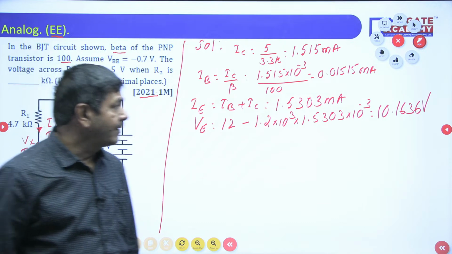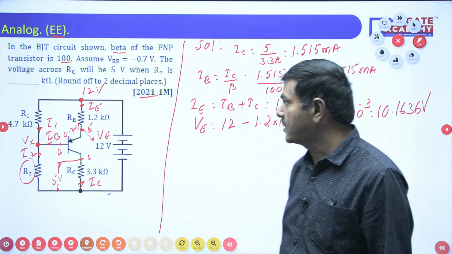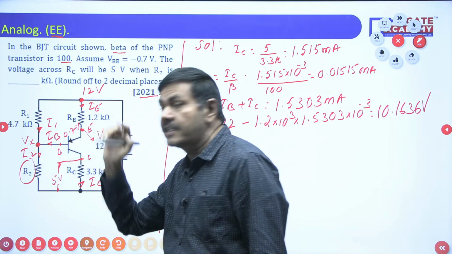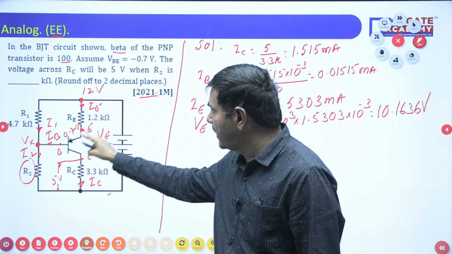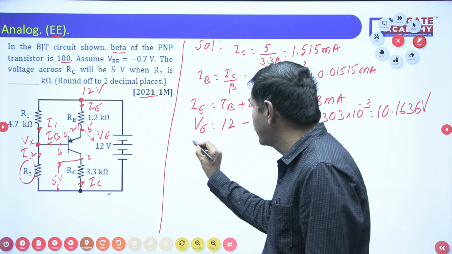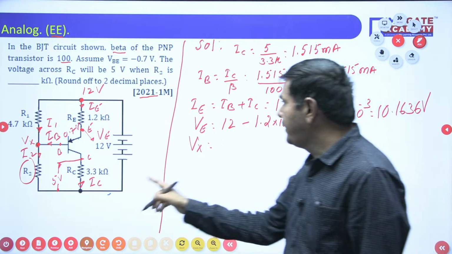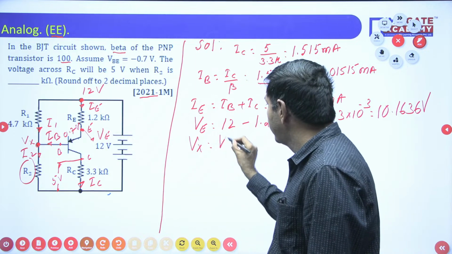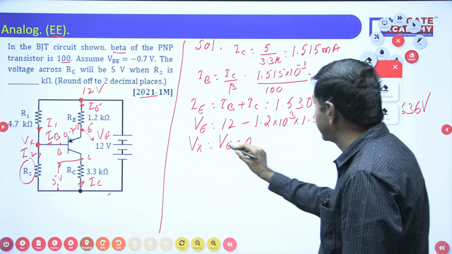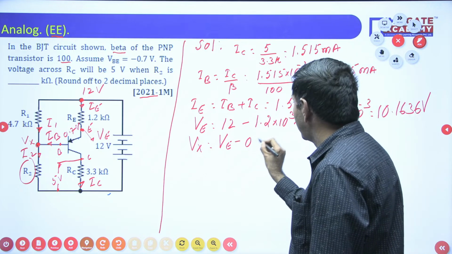Sir, why did we calculate this VE? To find this Vx. VE minus 0.7 is nothing but Vx only. That's why, to measure this Vx, I calculated VE. Vx is VE minus 0.7.